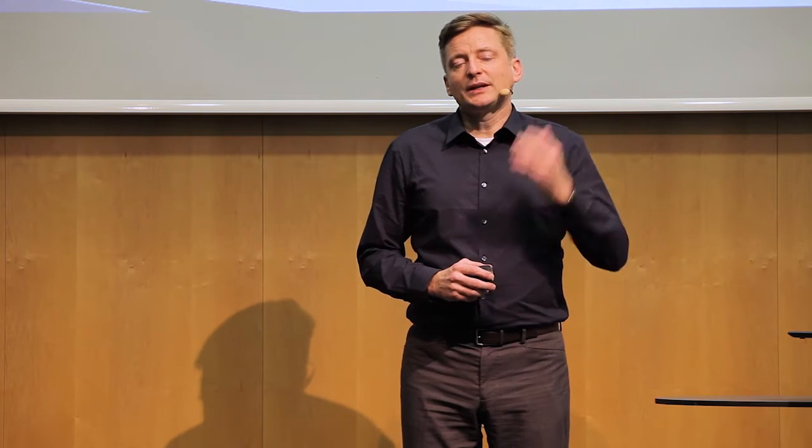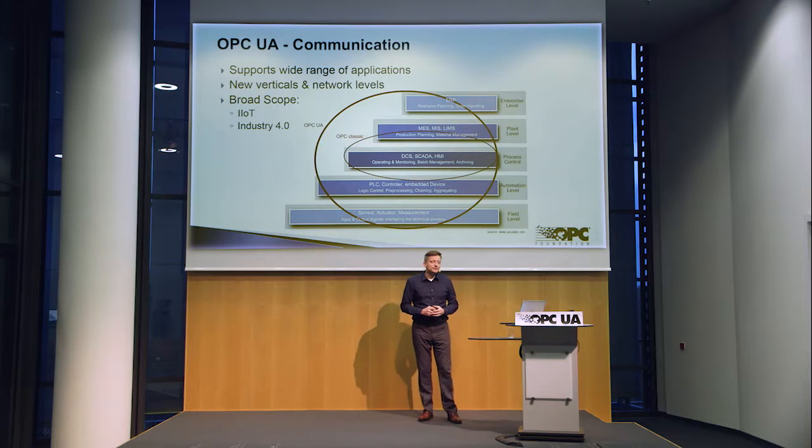Now, as we move on and we say, okay, well, OPC UA is going to provide connectivity from the shop floor right down from, let's say, level 0 or level 1, going all the way up to the cloud, you're covering a lot more layers in the networking, and therefore you have to have a much more robust method of securing that information.